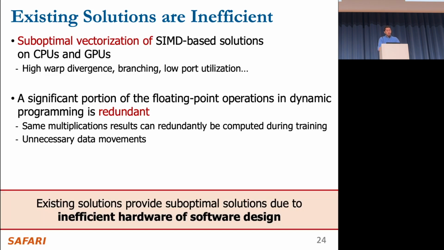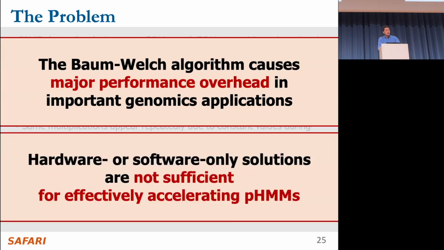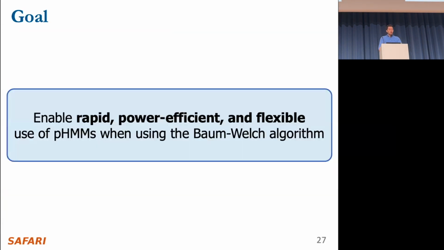So existing solutions are suboptimal due to inefficient hardware and software design. The problem is that the Baum-Welch algorithm causes major performance overhead in important genomics applications, and hardware-only and software-only solutions are not sufficient for effectively accelerating PHMMs. So our goal in this work is to enable rapid, power-efficient, and flexible use of PHMMs when using the Baum-Welch algorithm.